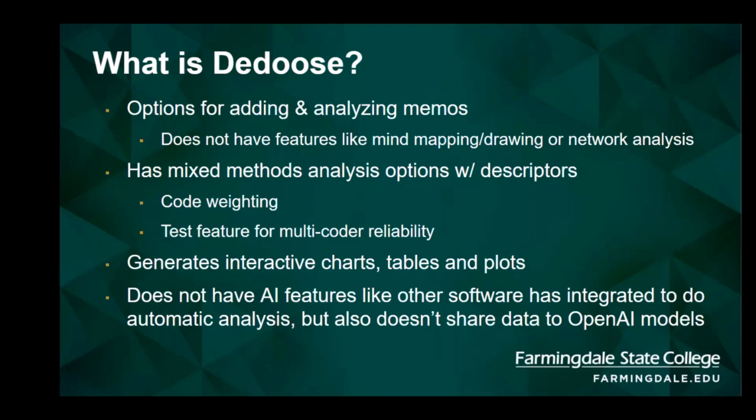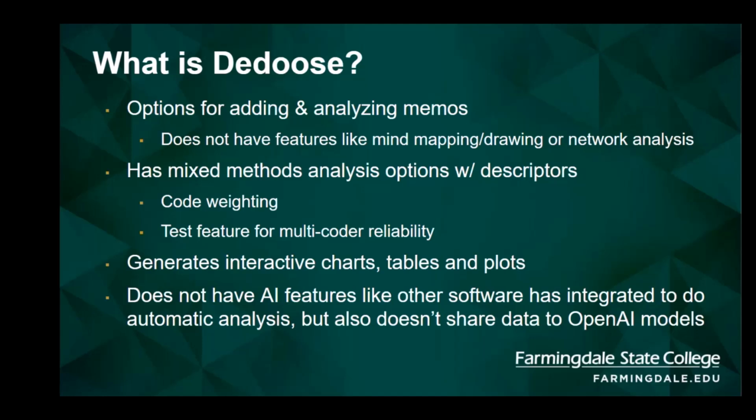And it also has options for code weighting, and also has options if you're using multiple coders to test the reliability of their cross-coding. But it's really great for generating interactive charts, tables, plots, which can really help you see and visualize your data. And it does not have AI features like some other softwares do, that do some automatic analysis, but also doesn't share any of that data to open AI models.